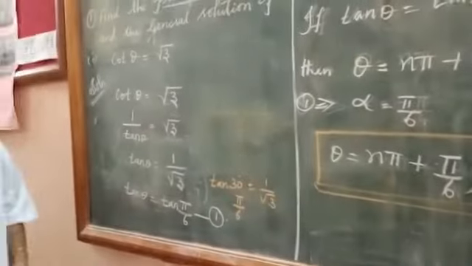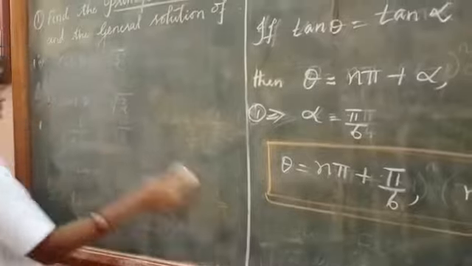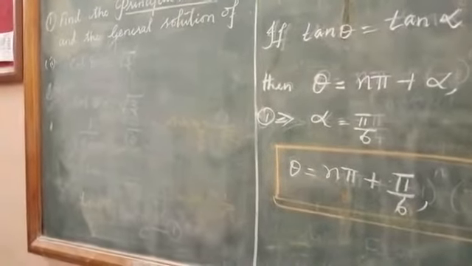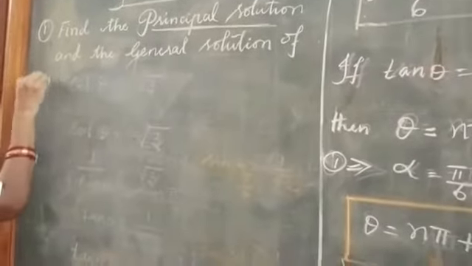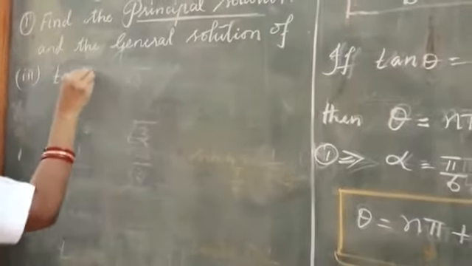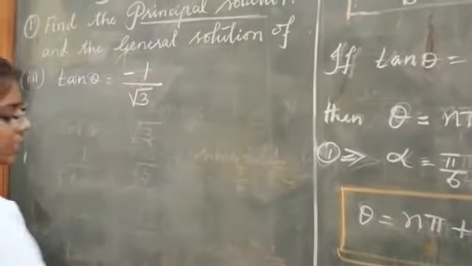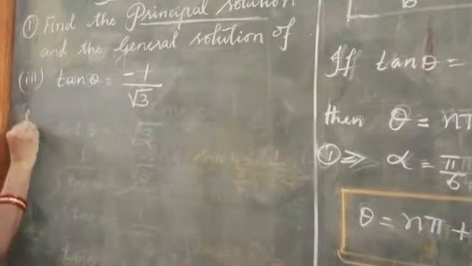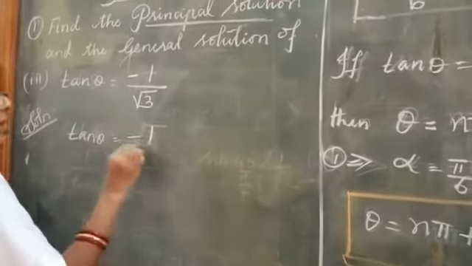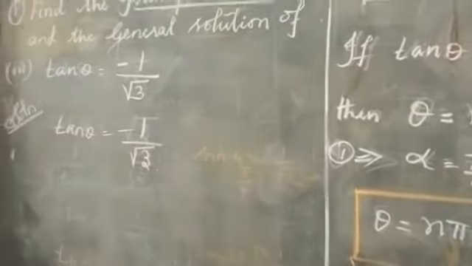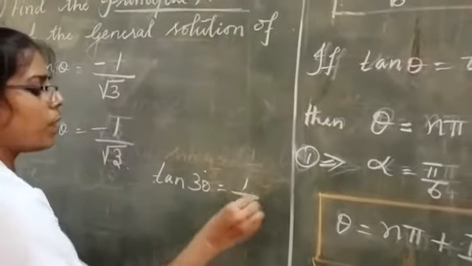Next we shall see third subdivision. In third subdivision, the question is tan theta is equal to minus 1 by root 3. Now let's see the solution. So what is given? Tan theta is equal to minus 1 divided by root 3. And you know that 1 by root 3, that is tan 30 degree, is equal to 1 by root 3.